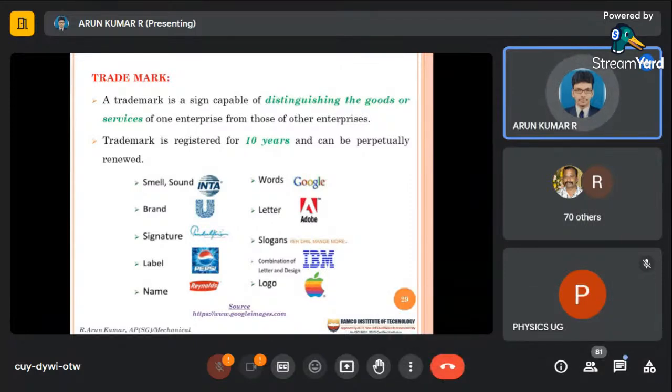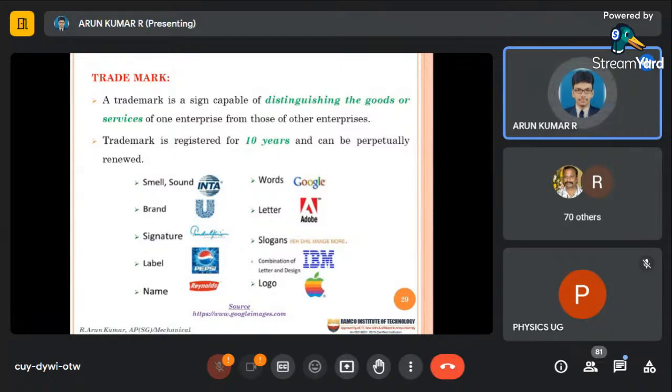That logo helps us understand which company it belongs to, and that is what a trademark is. Any kind of signature that helps the customer or the consumer to distinguish the goods and services from one company to another company, or from one enterprise to another enterprise, is eligible to be protected under trademark.